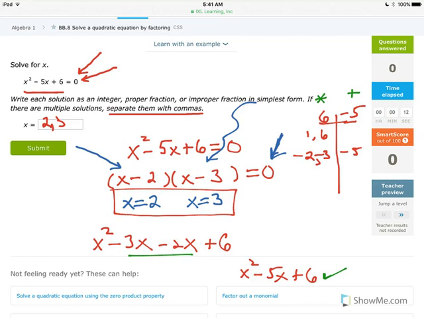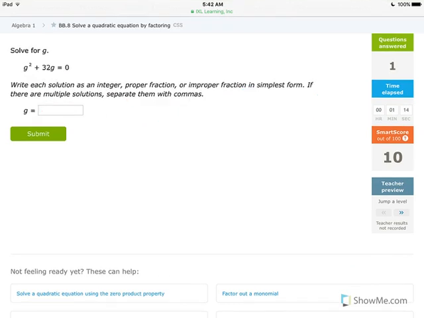And let's look at another type. This one you only have two terms. If you look at your two terms, you have a common factor of g. You have g squared on the first term, plus just a g on the second term. So they have a greatest common factor of g. So we can factor a g off of each one.